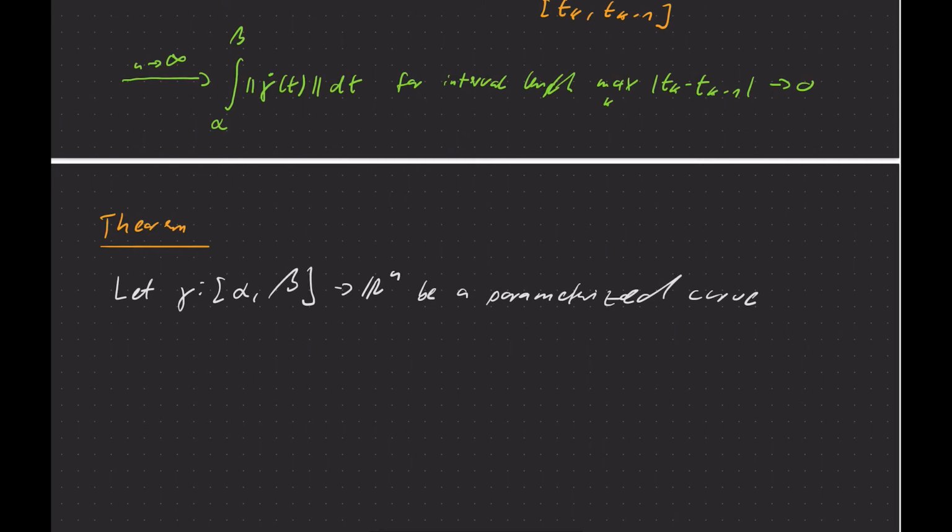And remember, that means it's at least piecewise continuously differentiable. And we assume that gamma dot of t is nowhere 0 for all t in alpha beta.